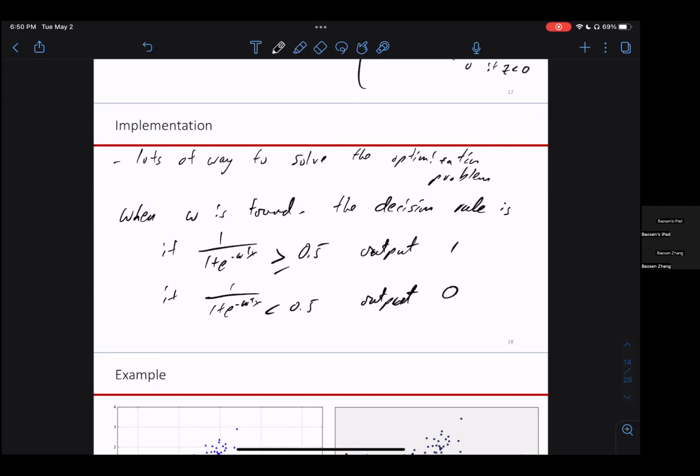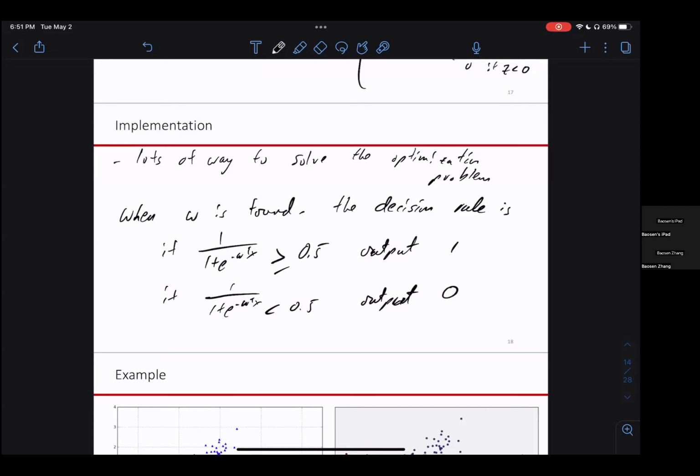Once we found W, you can compute this number, compare to 0.5, and output this. And you can put the equal sign, so this is greater or equal to 0.5. Yeah, the logistic function is a sigmoid. Sigmoid is another name for this.